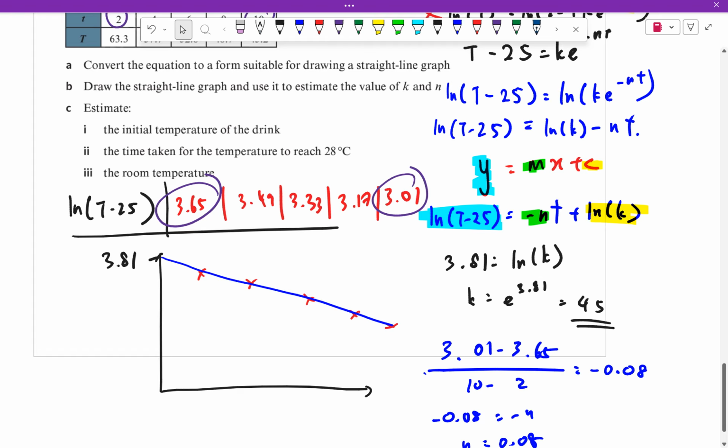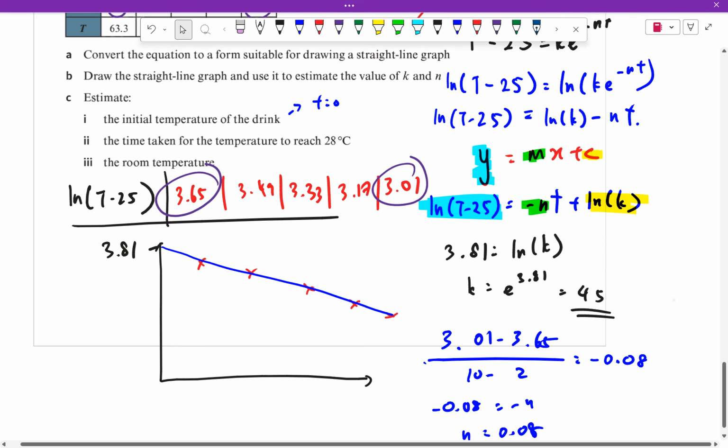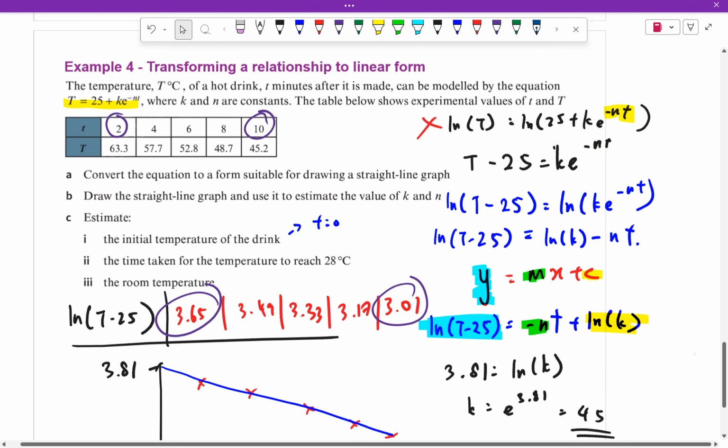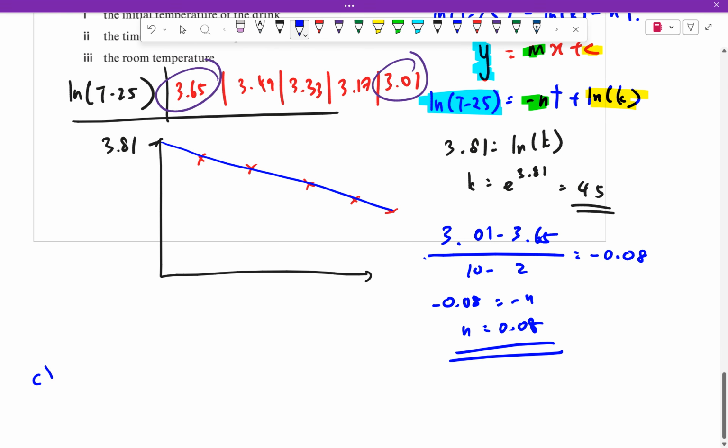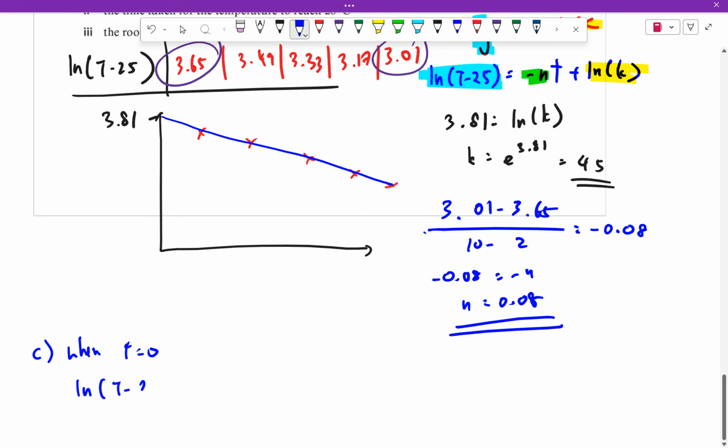Now, here is the application part. Estimate the initial temperature of the drink, the time taken for the temperature to reach 28, and the room temperature. For the initial temperature, this is when t equals 0. There are two methods you can use. One method is that when t equals 0, ln of t minus 25 equals ln of 45.